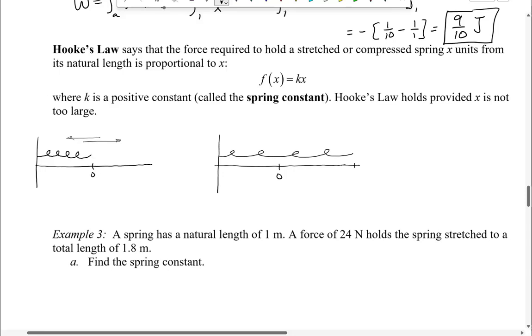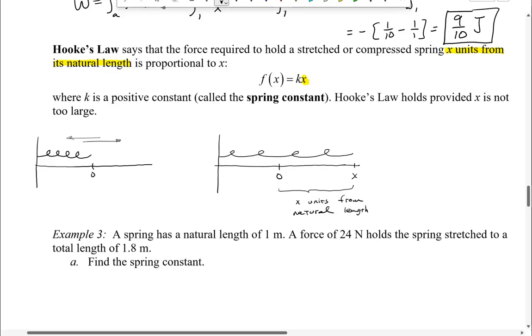Now, the reason I've chosen to draw it this way is back here you'll notice that we have x units from its natural length. That's what this x is here. So the distance from here to here, from its natural length out to x, this is our x units from natural length.